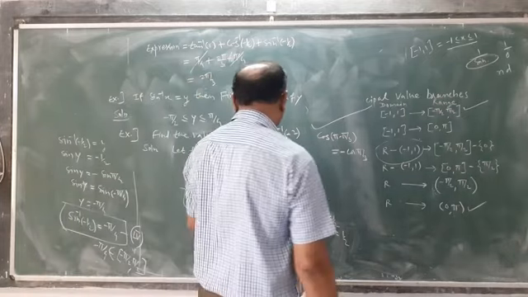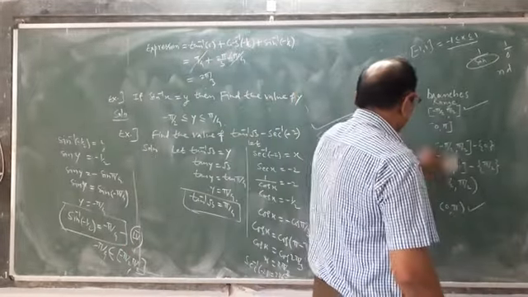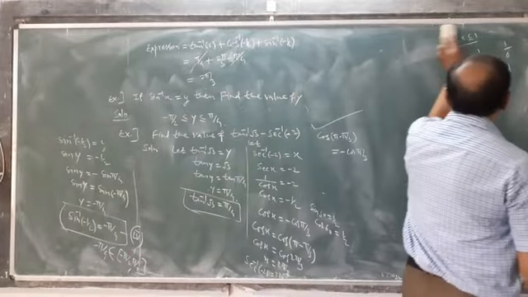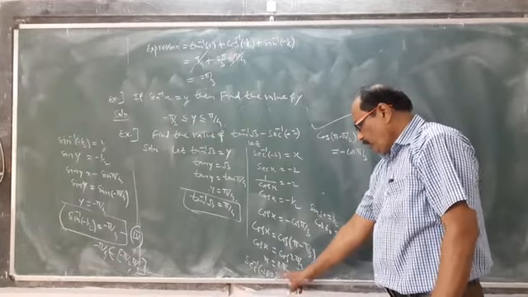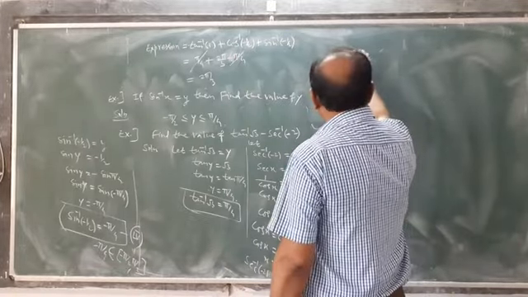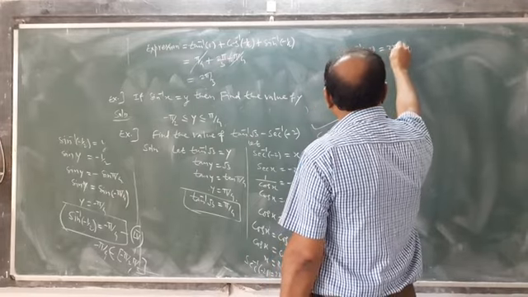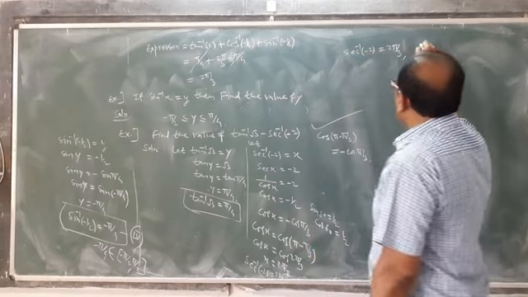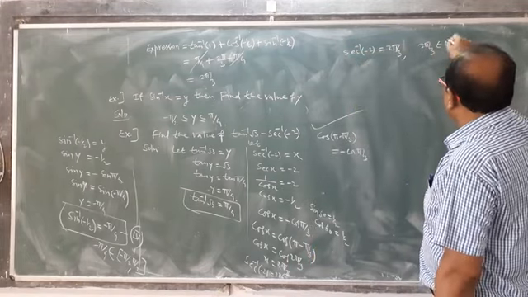Therefore, sec inverse of minus 2 is equal to 2 pi by 3. Why? Because 2 pi by 3 belongs to 0 to pi.